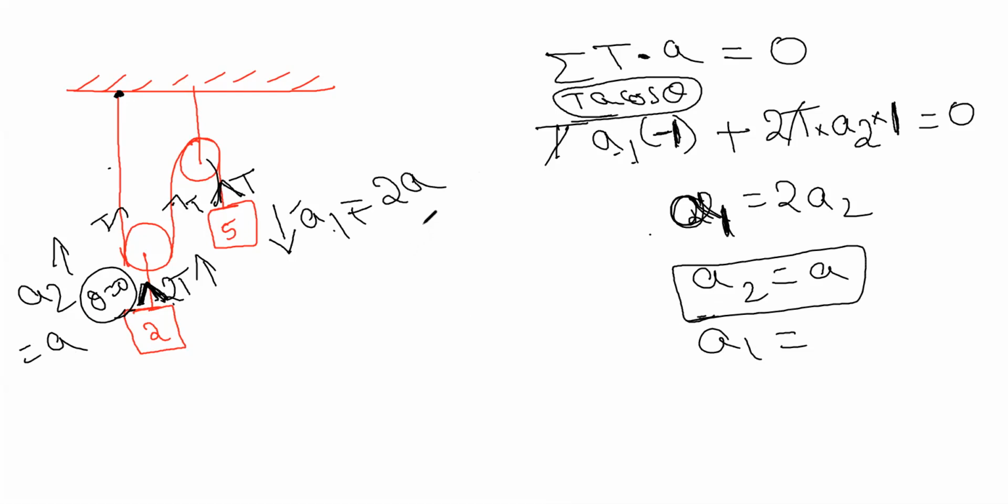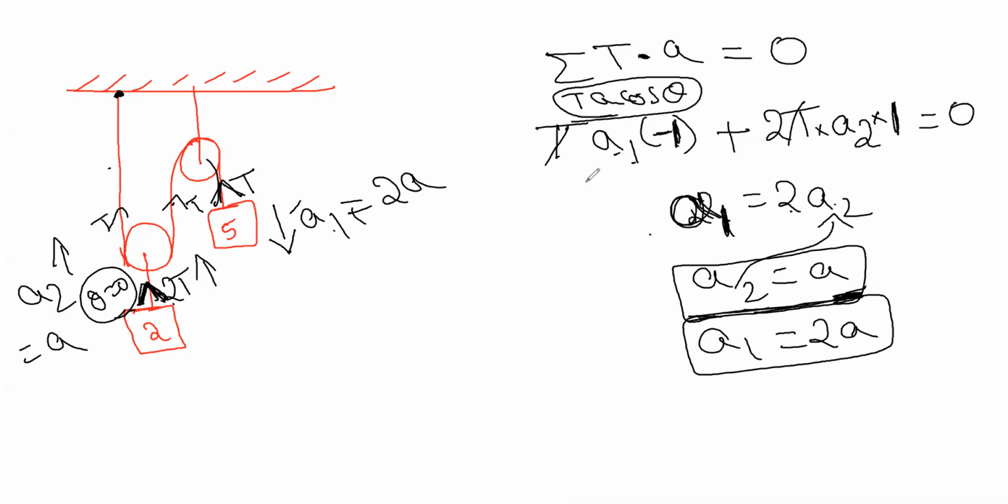A1 is 2A2. We are assuming A2 as A. Then A1 becomes 2 into A2, that is 2A, right? No, I wrote the values wrong. Yeah, sorry. Yeah, that's right.